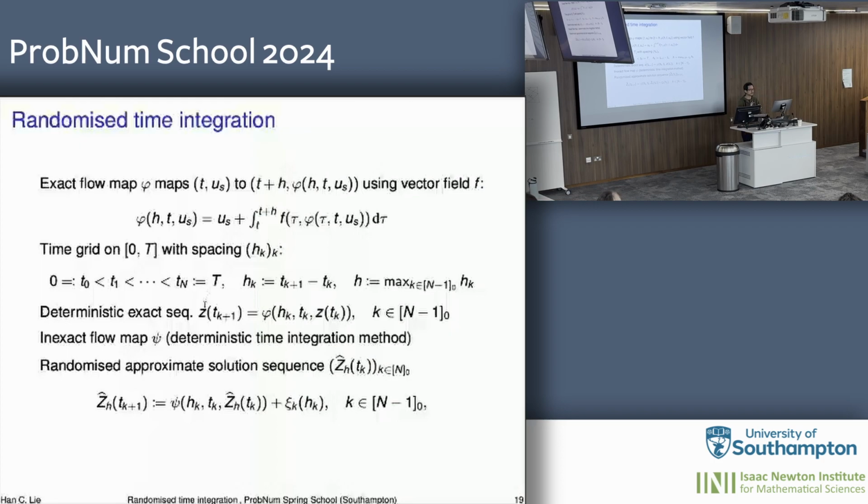So z here, without a subscript h, is the true solution at a certain time. If I apply an approximate flow map, Psi, like implicit Euler, and randomize, I then get z hat subscript h, which is like what we saw before. The only difference is that now I'm not saying whether my Hilbert space is finite dimensional or not.